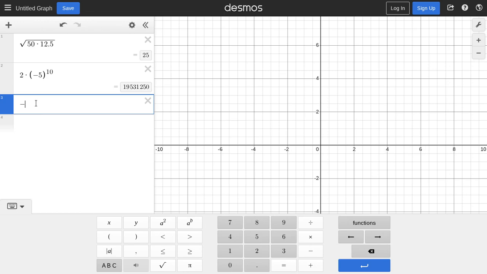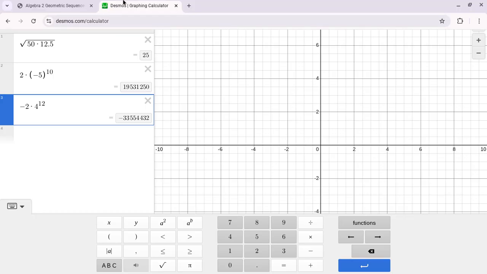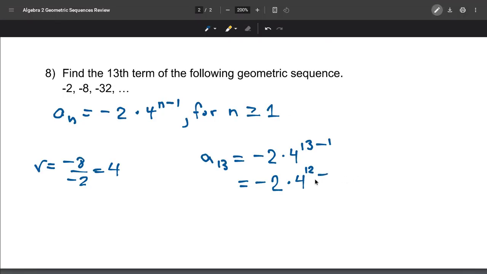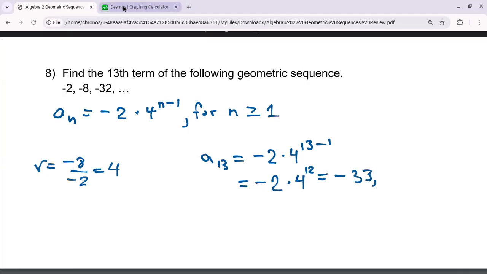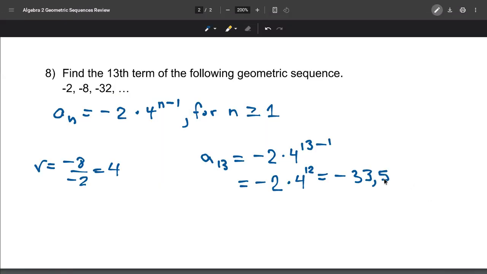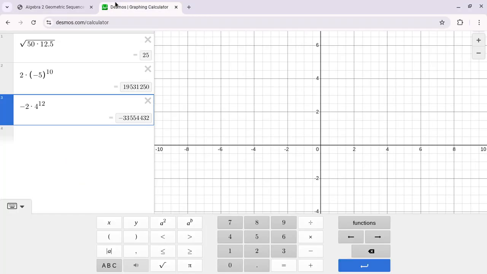We'll do negative 2 times 4 to the 12th power, and we'll get negative 33,554,432. I think it was 432. Yep.